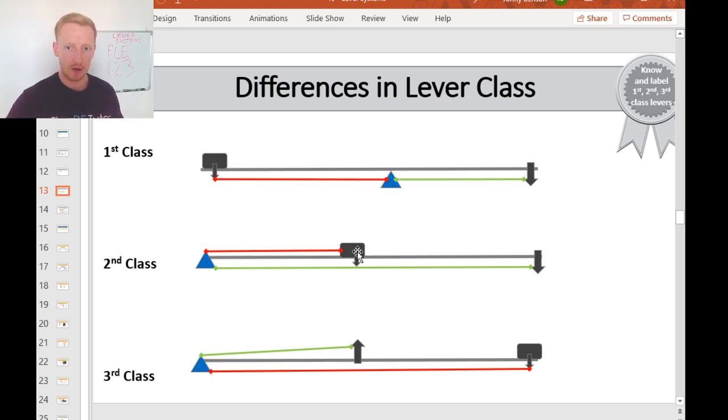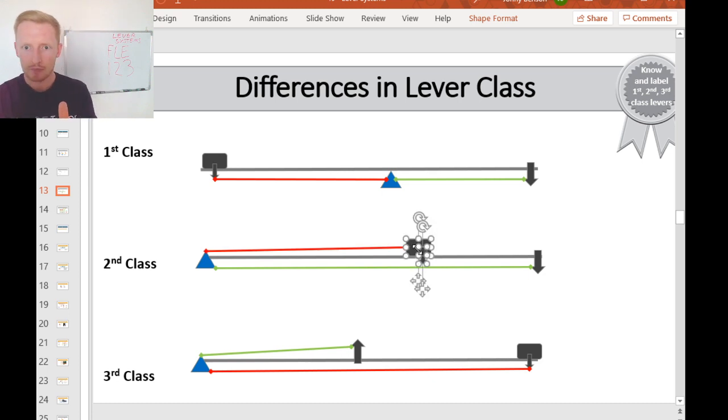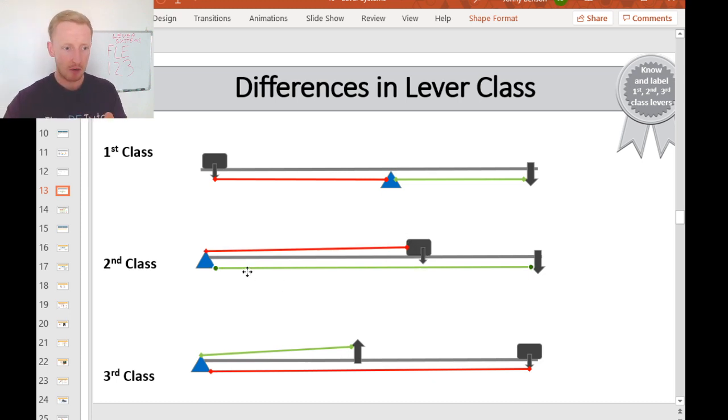Second class lever, FLE 1, 2, 3, load is now in the middle. So if we were to move the load, suddenly that resistance arm is getting longer and our effort arm will have been reduced just by moving where that load sits.